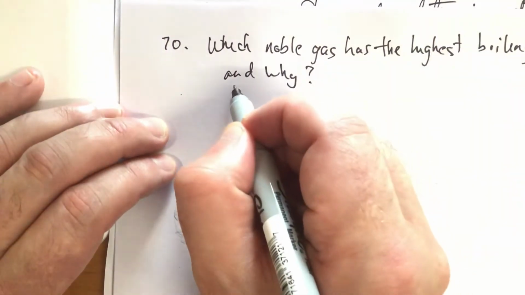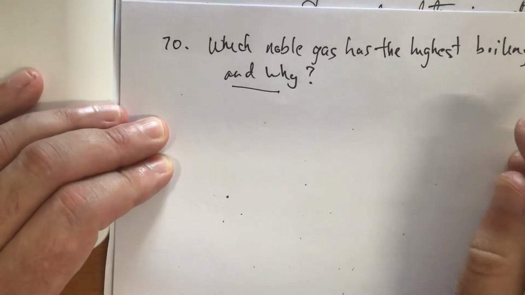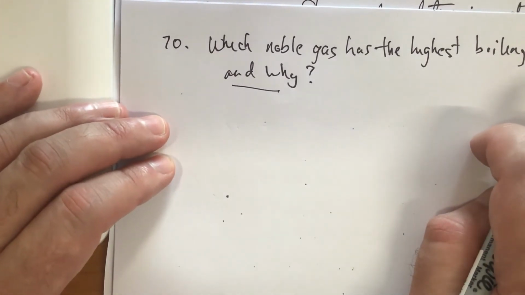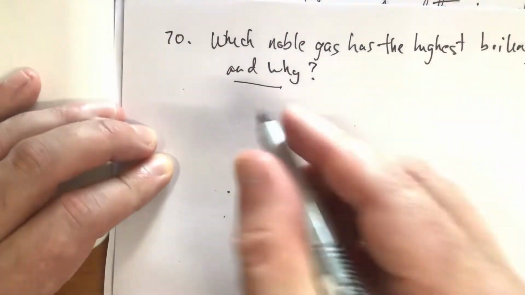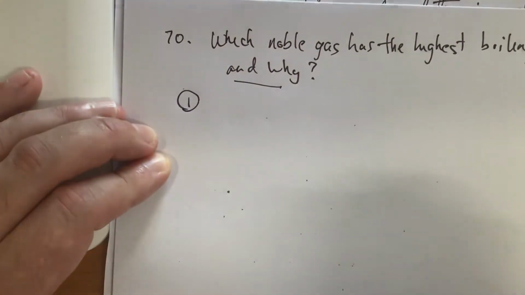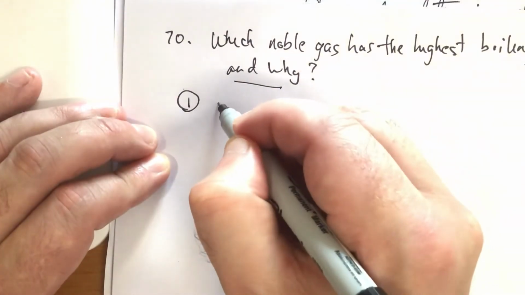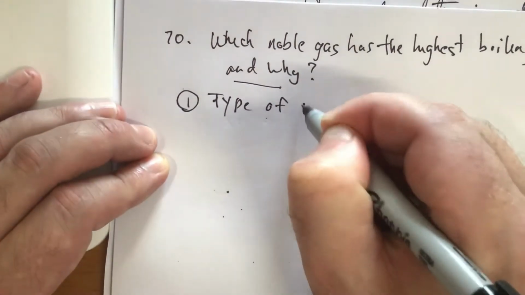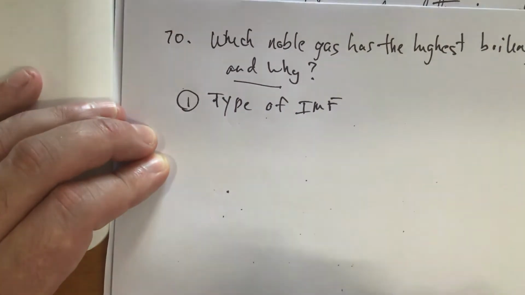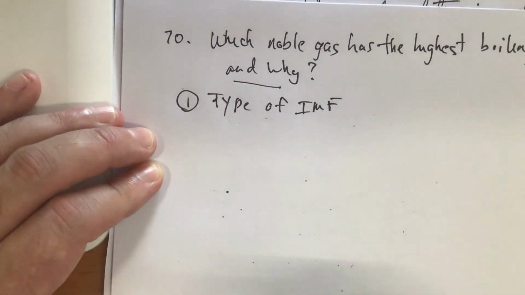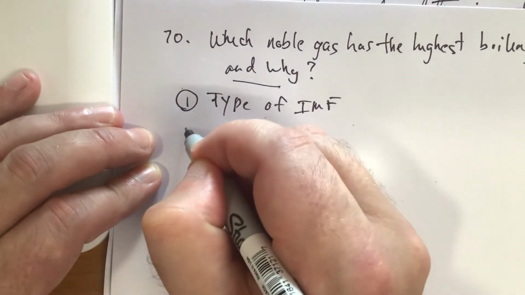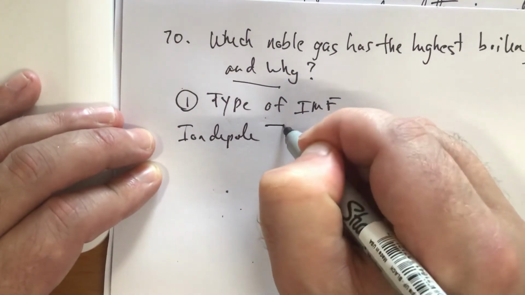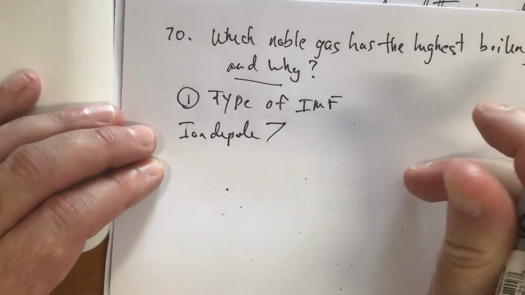If we're trying to determine which ones have the highest boiling point, there's two things we need to consider. Number one, we need to consider the type of intermolecular force. Ones that have ion-dipole are going to have the strongest intermolecular forces.